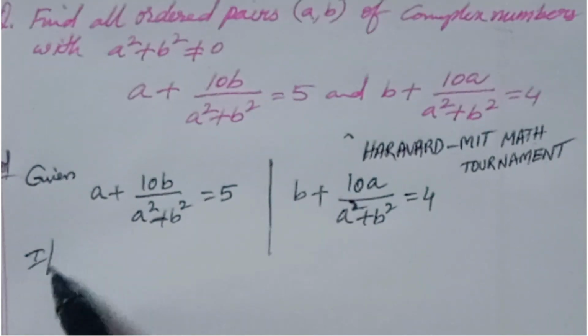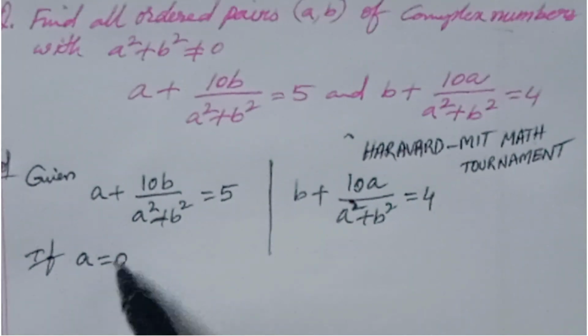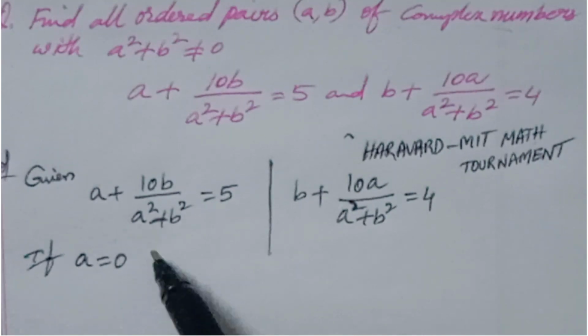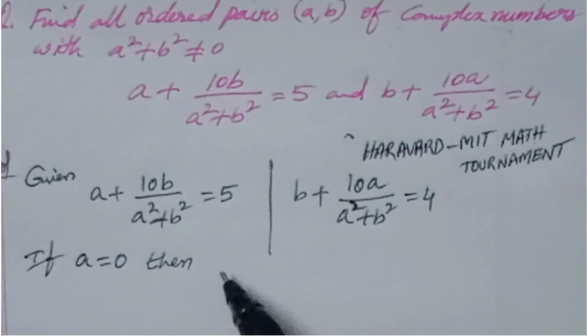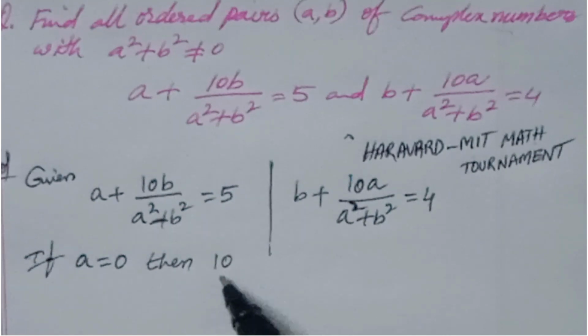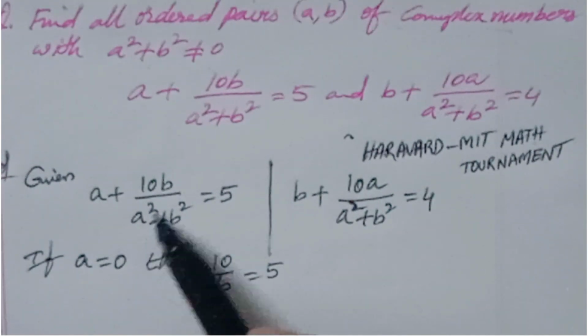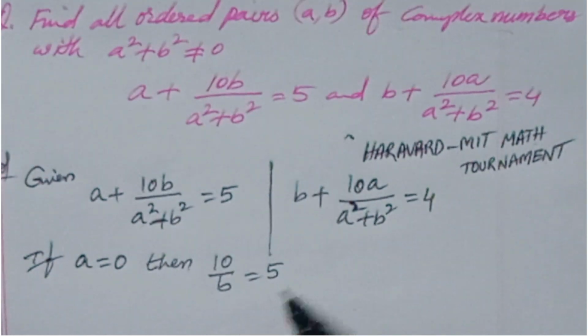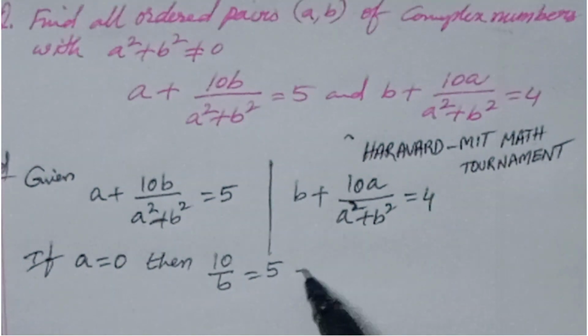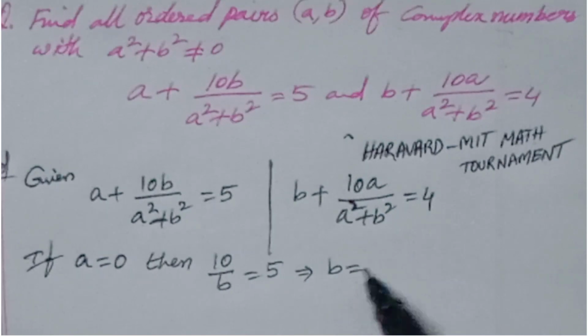By trial and error, if a is equal to 0, then 10/b is equal to 5. If you substitute a equal to 0 here, b will get cancelled. 10/b equal to 5, that implies b value 2.